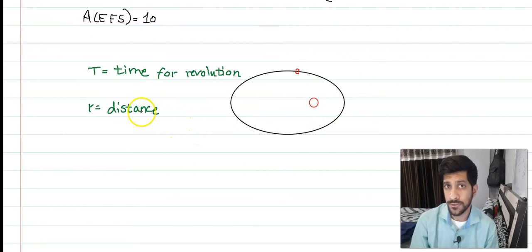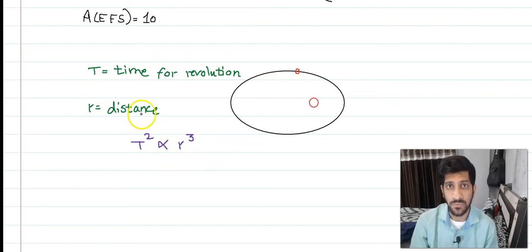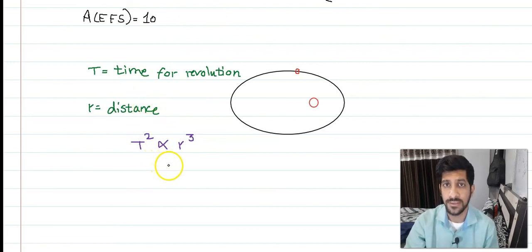Now the third law states that the square of the period of revolution, that is T square, is directly proportional to the cube of the mean distance of a planet from the sun. As they are directly proportional, if the time of revolution increases, the distance will increase.